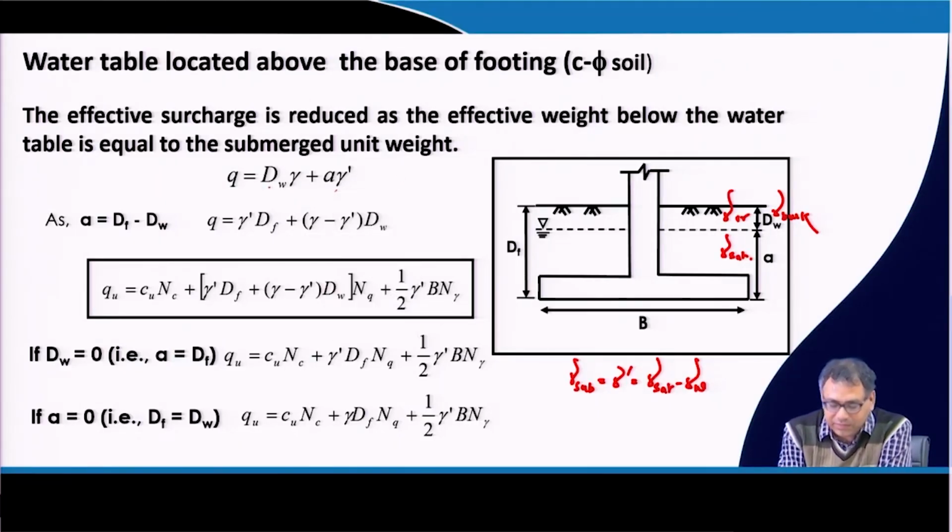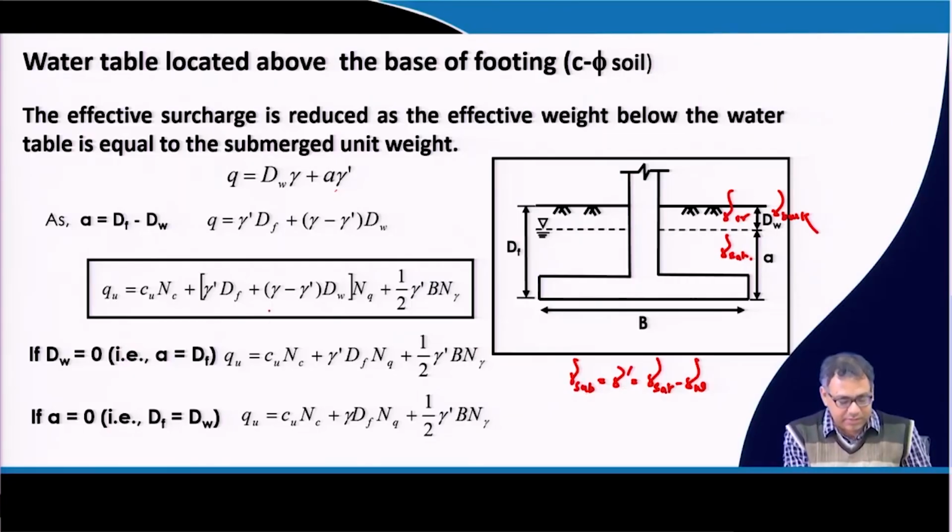So, that means this will be the thickness or depth of the soil layer from the ground surface to the water level, multiplied by gamma, plus the remaining depth of the foundation, d_A, multiplied by gamma dash or gamma sub. So, this gamma I have to put in the second term.